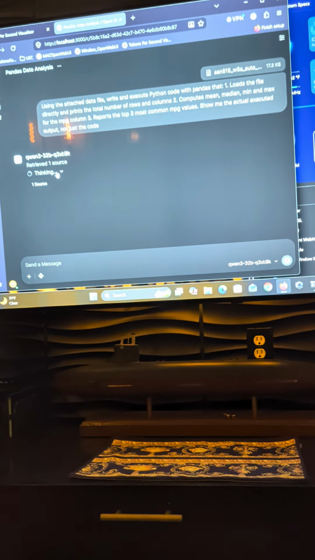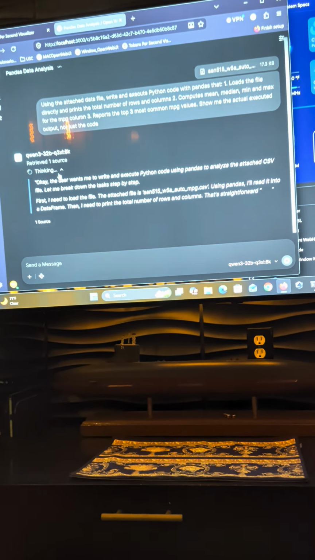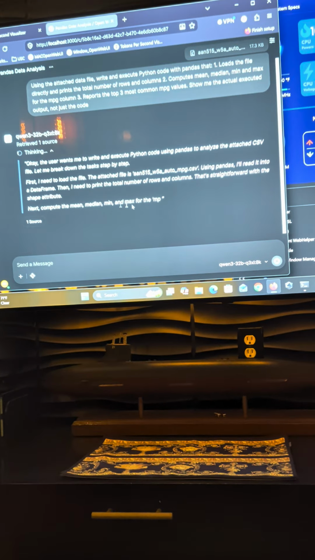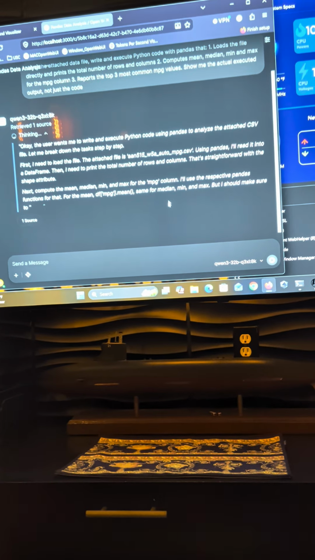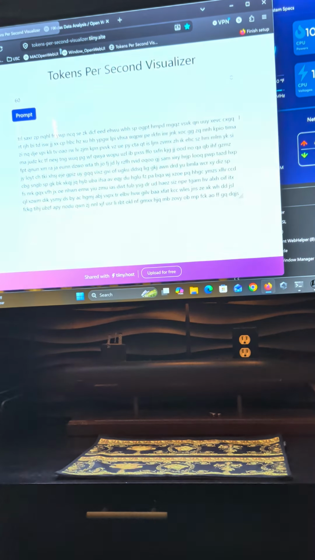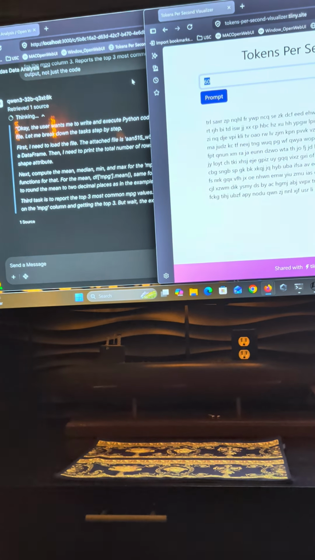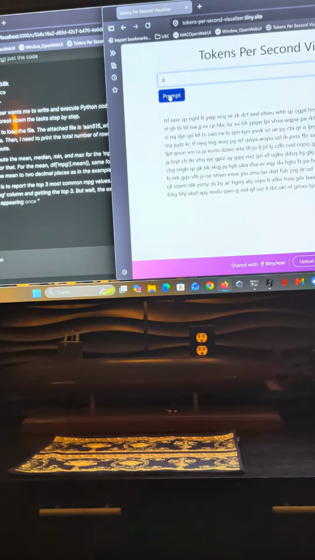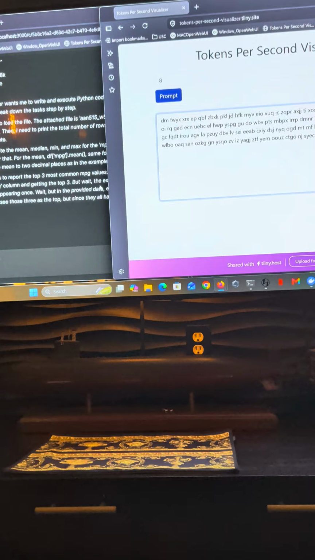It's actually starting to think now, and yeah, that is probably eight tokens per second. Let's do our trusty visualizer here, and let's do 8. I'm just eyeballing it, but in fact, 8's appropriate.